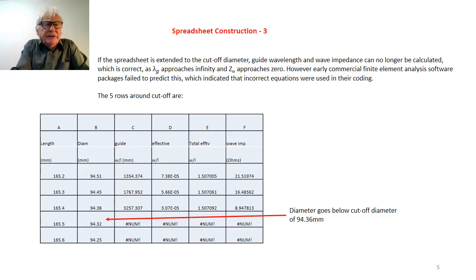And you can see that at a length of 165.5 millimeters, the diameter actually is going below the cutoff diameter, which is 94.36 millimeters. It goes down to 94.32 millimeters, and the rest of the columns just cannot be calculated.